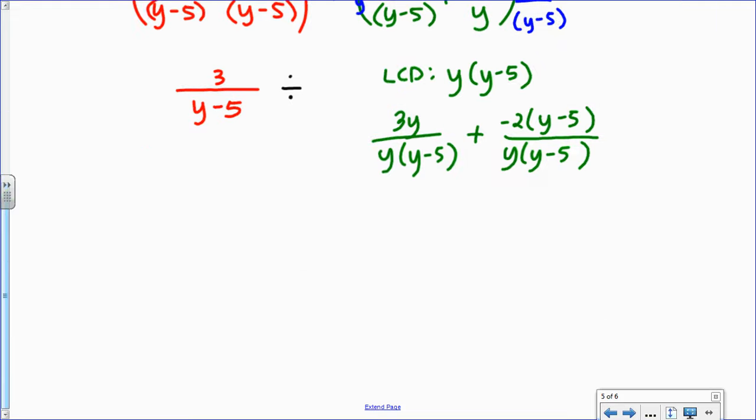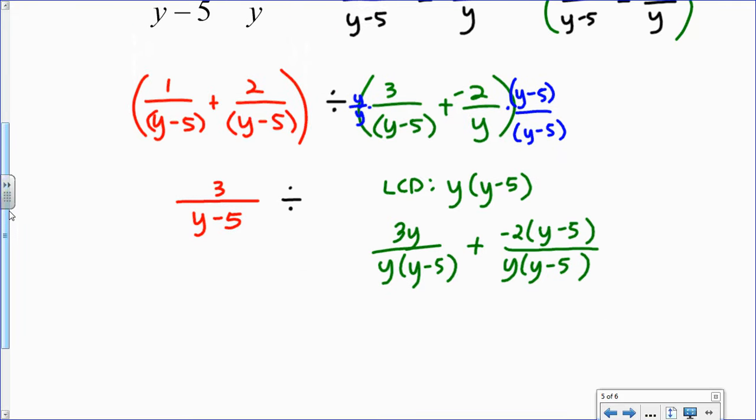Because I want to make sure that when I distribute the 2, I remember it's negative because of the subtraction. So I crossed the line and changed the sign there.